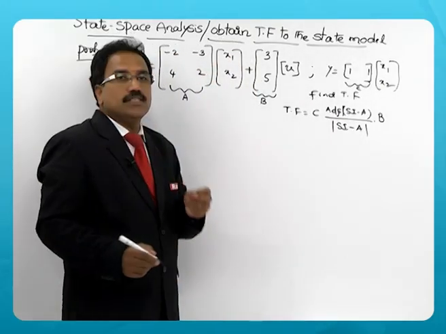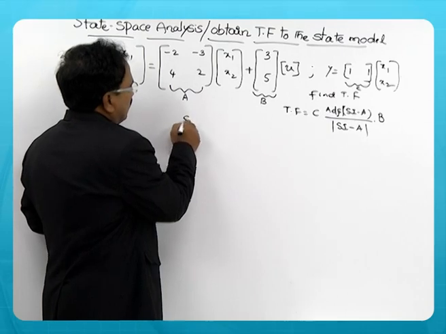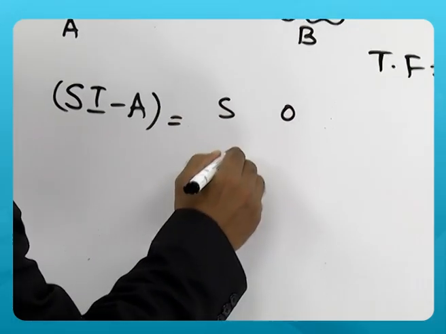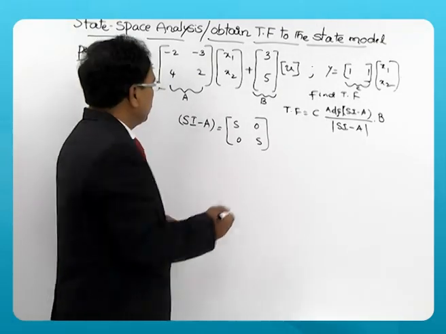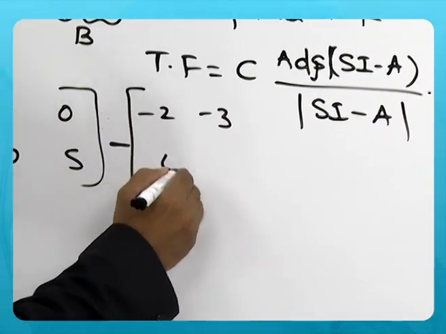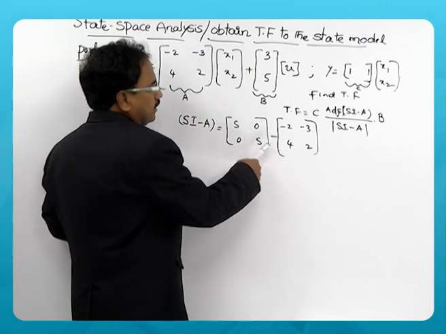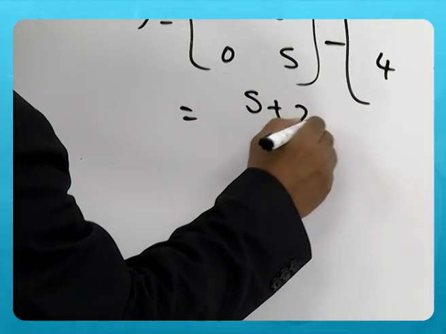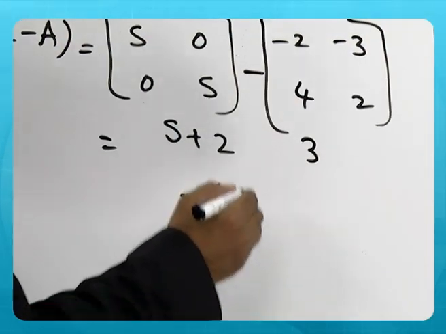So, I need to know what SI minus A is. A is given here. SI minus A is nothing but the matrix S, 0, 0, S, which is S multiplied by the identity matrix, minus A, which is minus 2, minus 3, 4 and 2. You get SI minus A by subtracting these matrices: S plus 2, then 3, then 0 minus 4, so it is minus 4, and S minus 2.